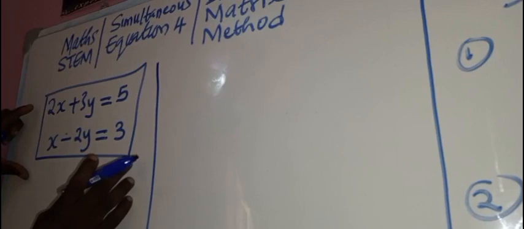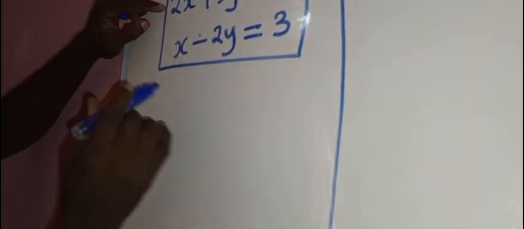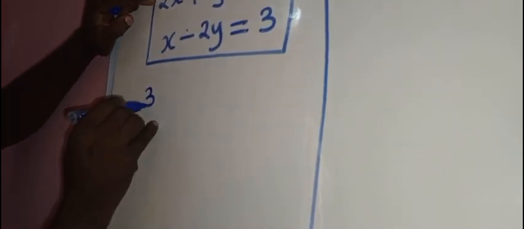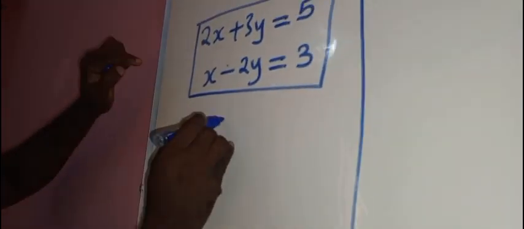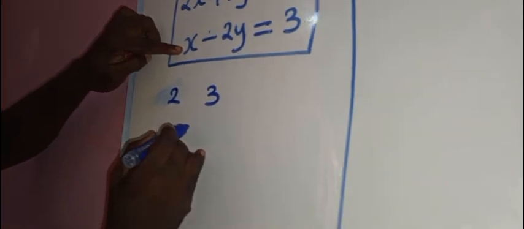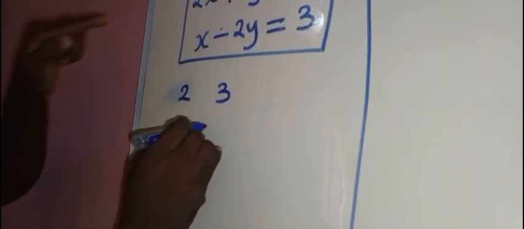So now it means that I need to render this equation to matrix form. How do you write this in matrix form? You bring out the coefficients of all these variables, x and y. The first coefficient is 2. The next one is 3. The coefficient of x here is 1. The coefficient of y here is minus 2.